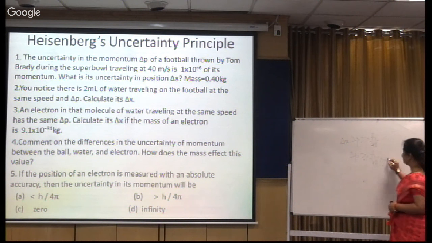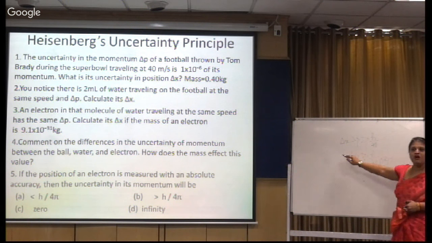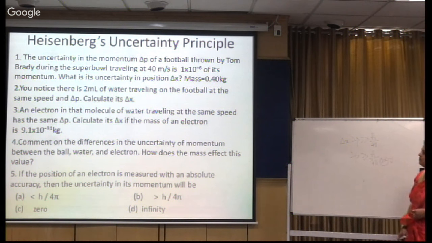Now if this delta x is 0, won't it be infinity? 1 upon 0 is infinity. That is D. Okay. Or had it been the other way around, that if the momentum of an electron is measured with absolute accuracy, then comment on the uncertainty in position. Again, it would have been infinity that way.